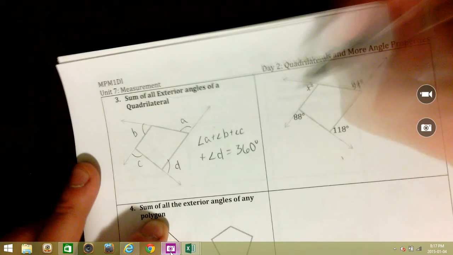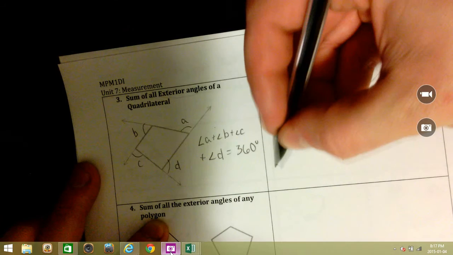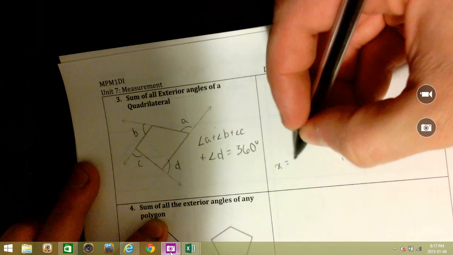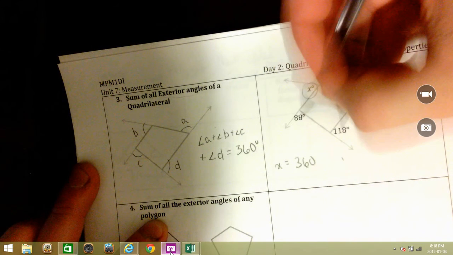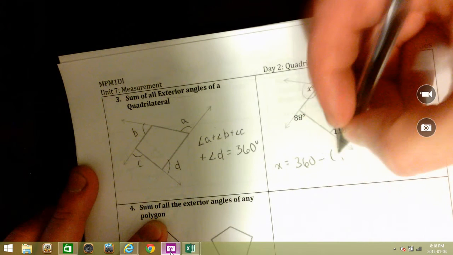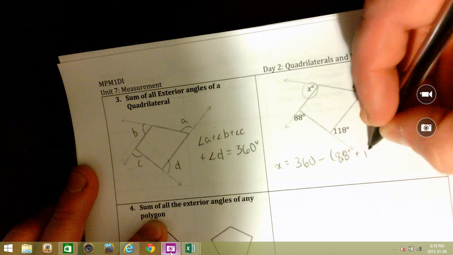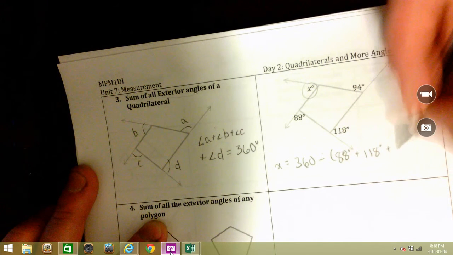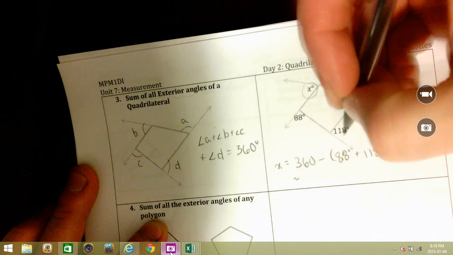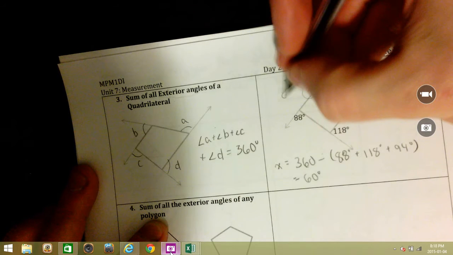So if I want to find what angle X is, angle X is going to equal 360, subtract these three others: 88 degrees, 118 degrees, and 94 degrees. When I do this, I find that X is 60 degrees.